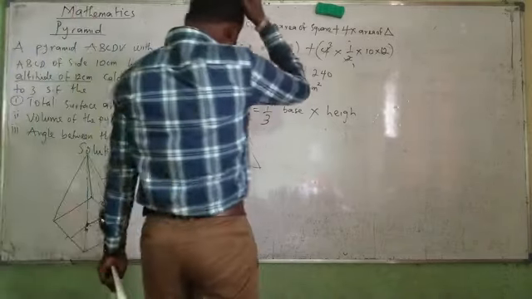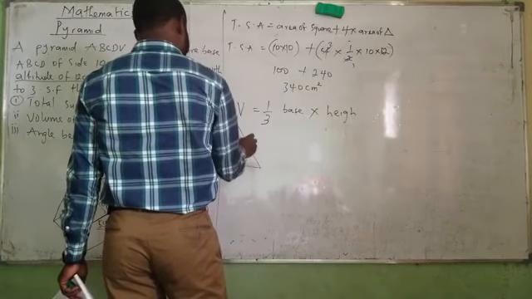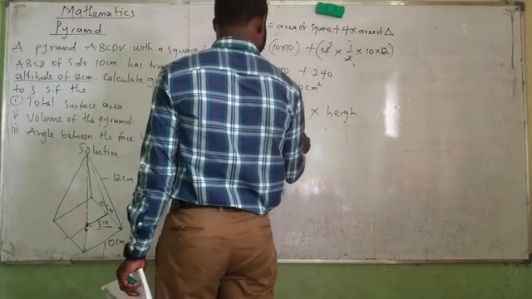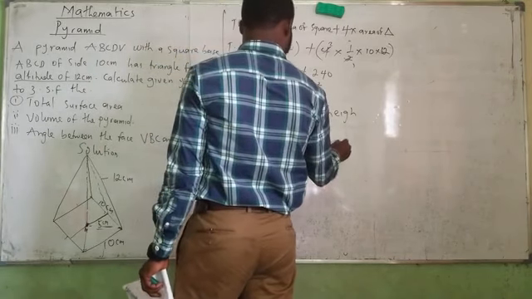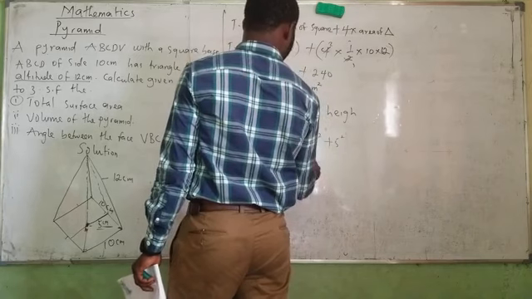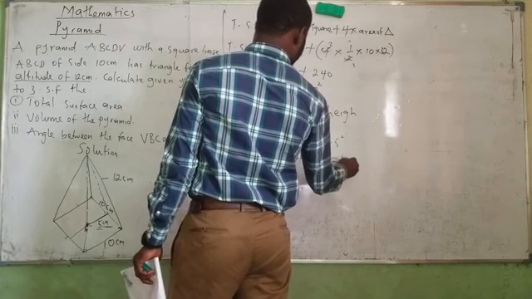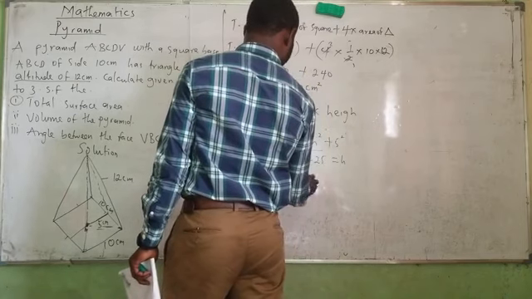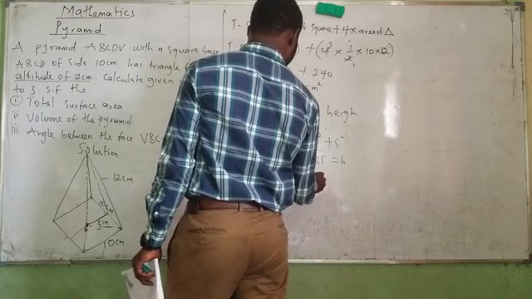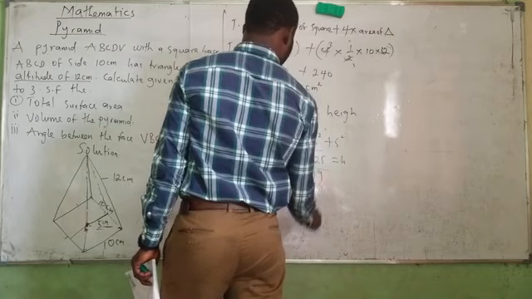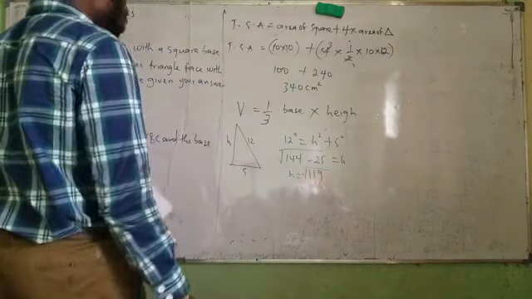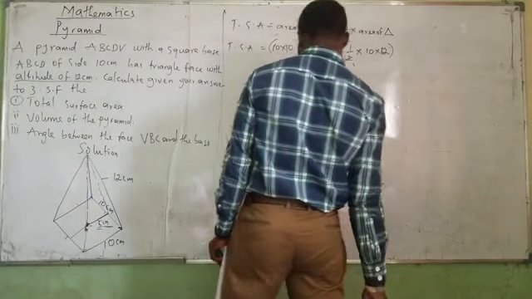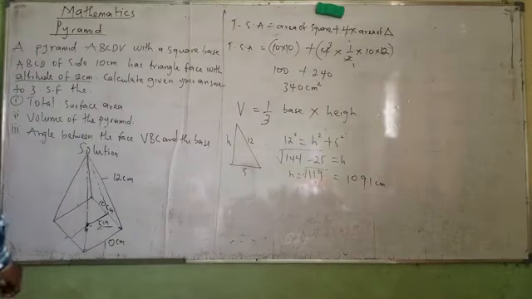Now, this is my height, here will be 12, here will be 5, so I'll be having 12 squared equals height squared plus 5 squared. 144 minus 25 equals h squared. My h will be equal to root 119, which is going to be 10.91 centimeter. That is the height of this particular shape.